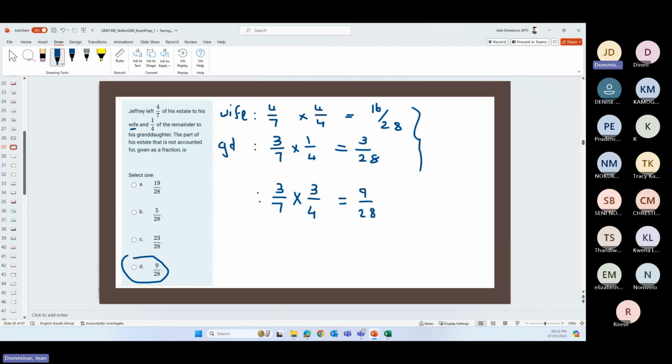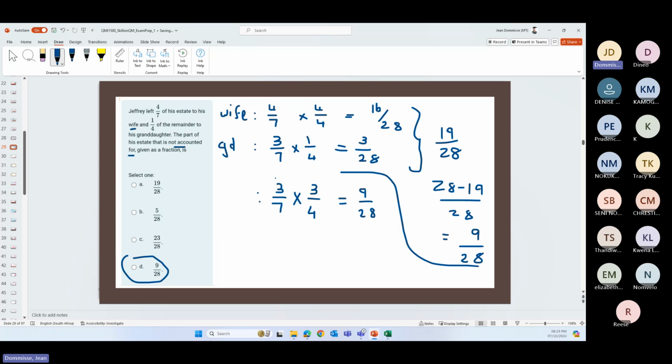If we add those two together, it is 19 out of 28. So what is left is 28 minus 19 over 28, which also gives you 9/28. So there was another way that you could work out the fraction that is not accounted for.